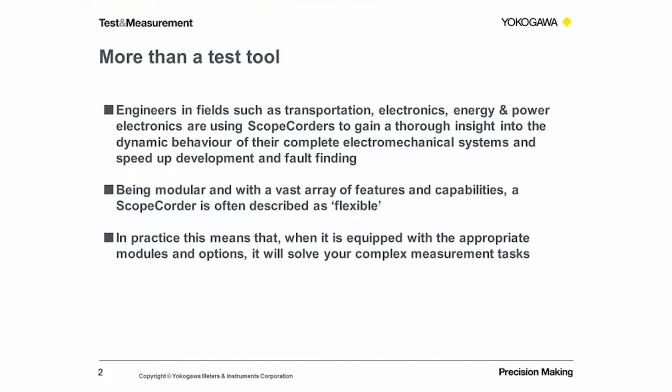That basically means that it only becomes a solution for your measuring application when you've equipped it with the relevant modules and options. That essentially does present a challenge to us in order to convey the capabilities of an instrument to the customer.